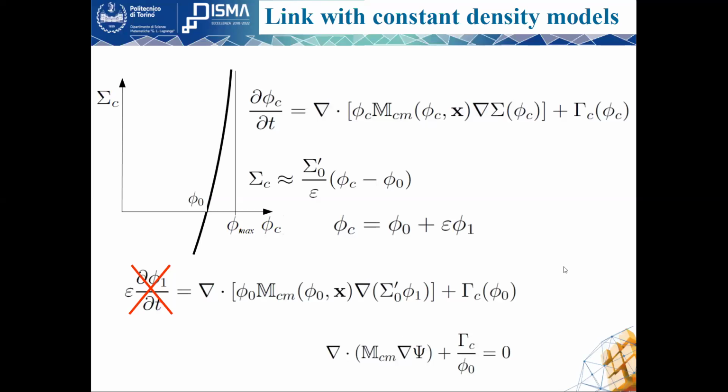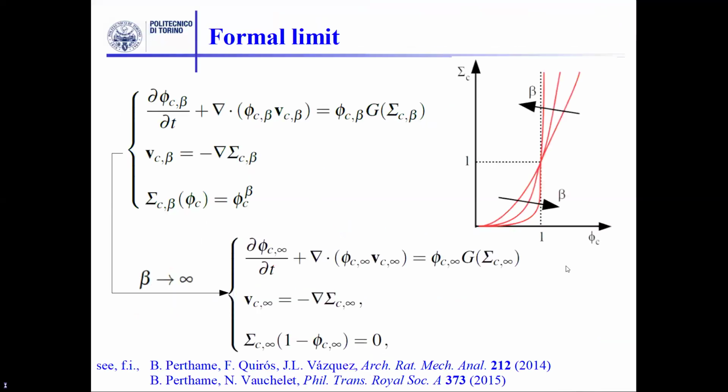It's just an expansion, and this was done in a formal way by the group of Benoit Perthame, who used this relationship between sigma and phi, phi to the beta, and they let beta go to infinity. When the exponent goes to infinity, for beta equal to 2 you have a parabola. Instead, when beta is 100, it's very flat here, and then steepens up.